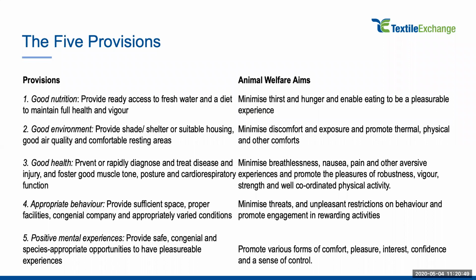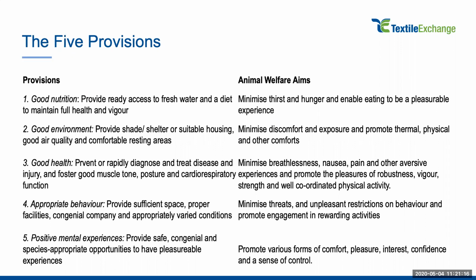And you can see within the provisions that the headlines and the topics are similar to the 5 freedoms, but as I say, it is much more about the positive outcomes. And then the first 4 domains of nutrition, environment, health and behaviour impact the 5th provision, which is the positive mental experience.